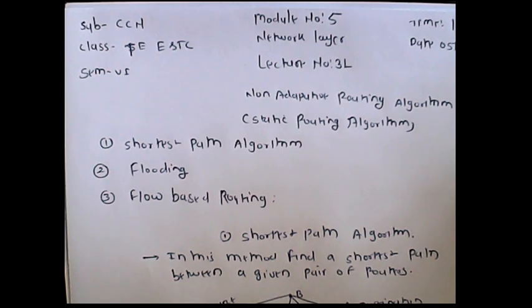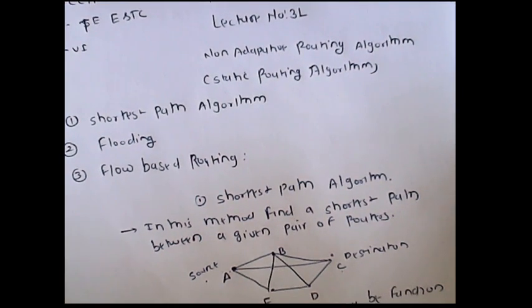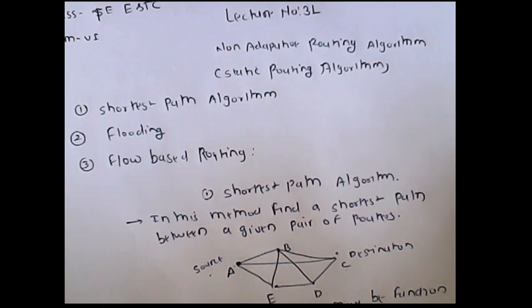So in this lecture, we see the non-adaptive routing algorithm, its subclassification and one of the numericals to be solved on this method. In non-adaptive routing algorithm, there is a predefined path between source and destination.